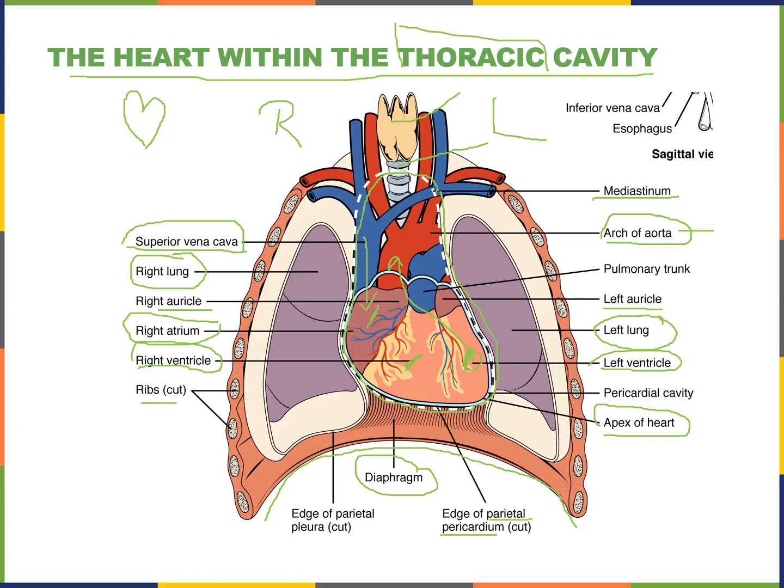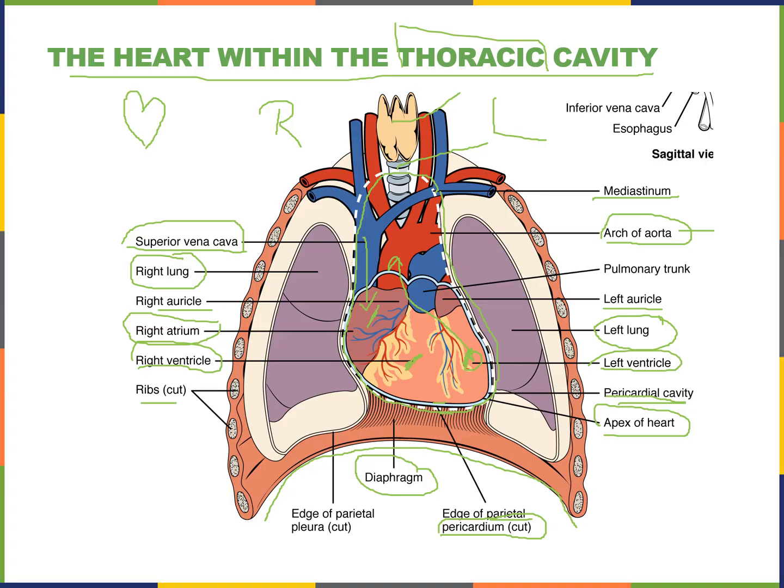So the pericardium is the sac essentially that the heart sits in. Between these two membranes is a little bit of fluid, and that's what's called the pericardial cavity. The fluid there helps to reduce friction between the two layers of the sac when the heart beats.